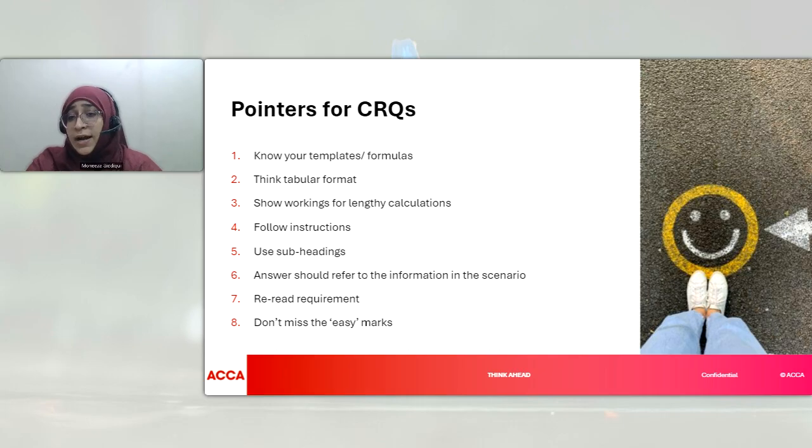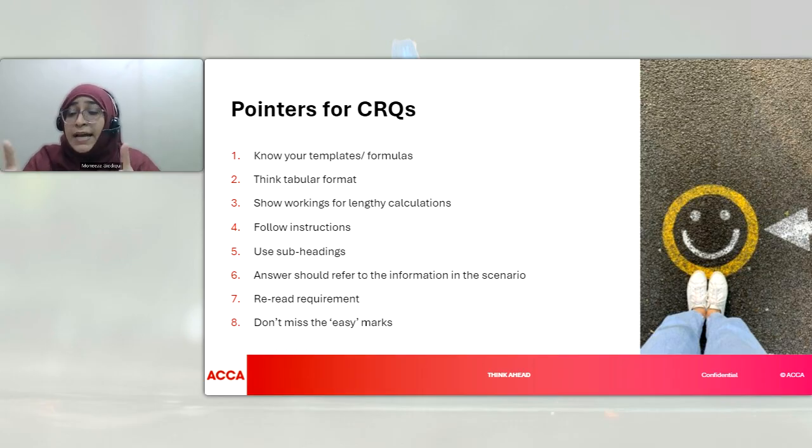So once you have started by reading the requirement, go through the scenario, plan your answer, read the requirement again. Once you've actually written your answer, just quickly go back and read the requirement again, just to make sure that you've not missed out anything, just to make sure that you've not answered what you wanted to answer, but you've really focused on what the examination team wanted to get out of you.